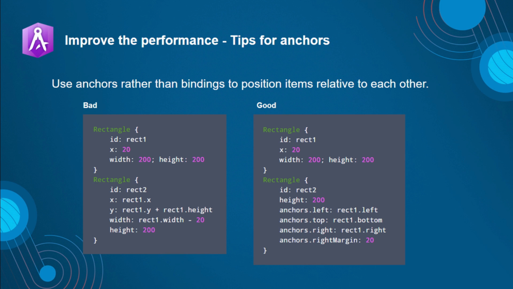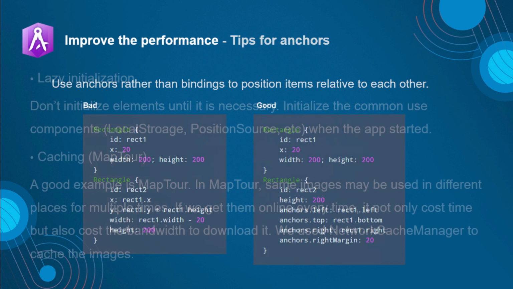But on the right side, we use anchors to set the position of the rectangle, because Qt already does some optimization for anchors. So using anchors rather than bindings is a good choice if you want to set the position of a component. This will speed up your app and make it work smoothly if you have lots of different components showing in the same layout.